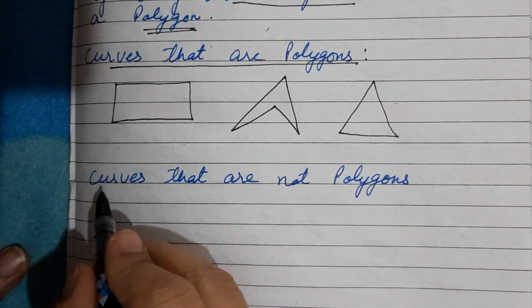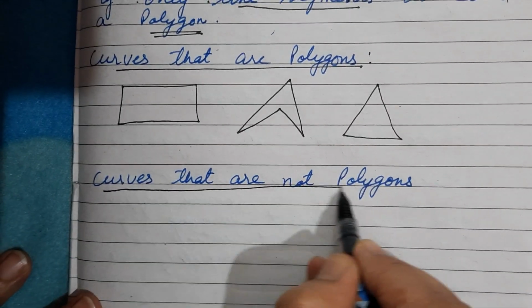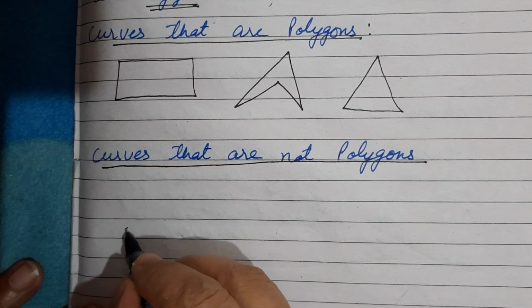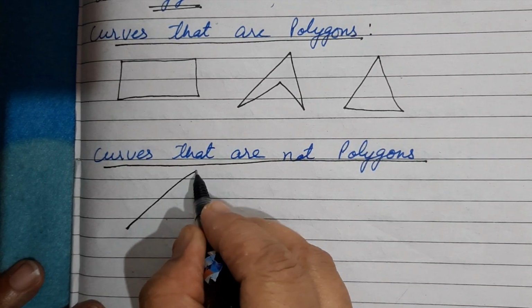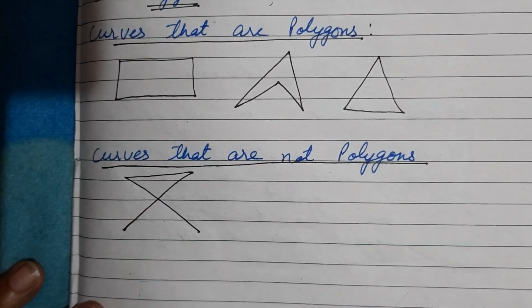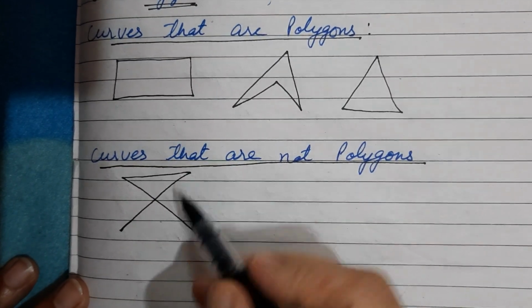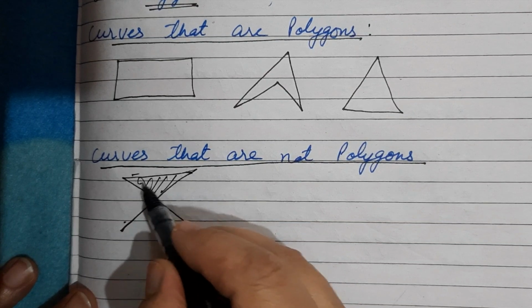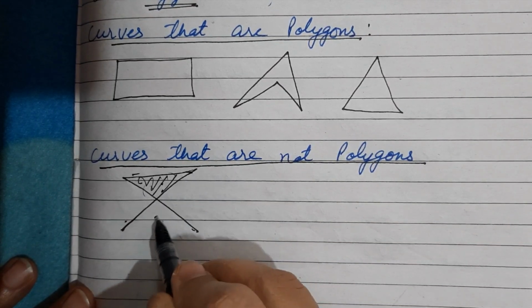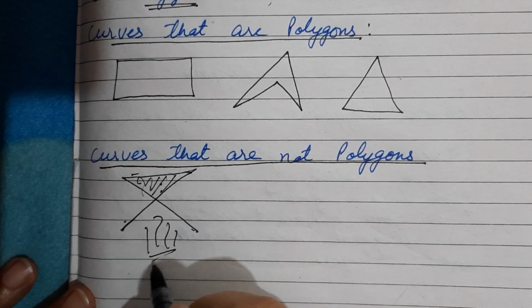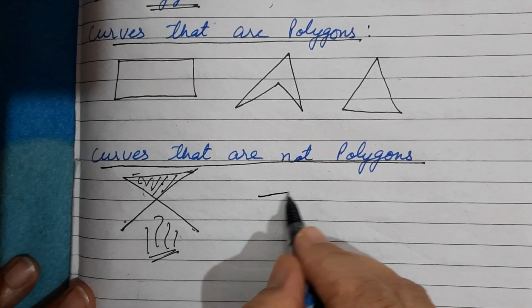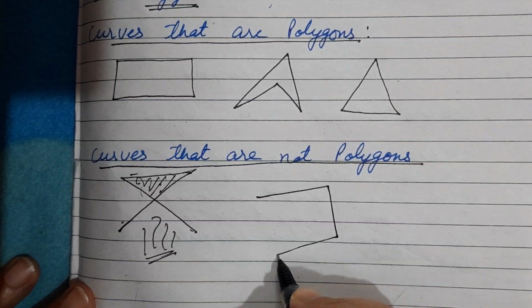If these are polygons, then what are curves that are not polygons? I'll draw a figure here. See, this figure is not a polygon. The figure is made up of these three line segments. This half portion is closed, but this portion is open. So this is not completely closed. This is not a polygon. One more I can draw here.